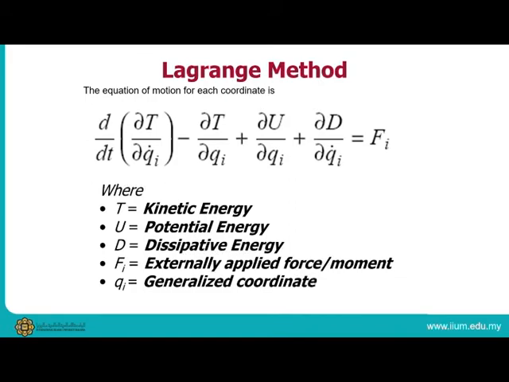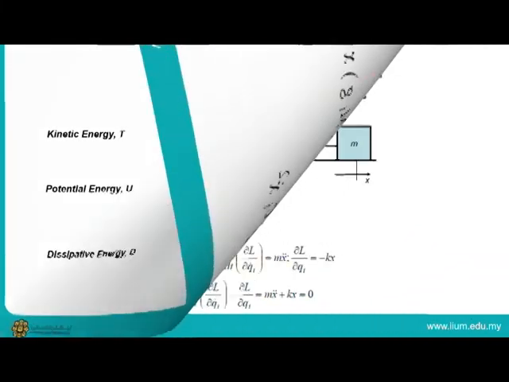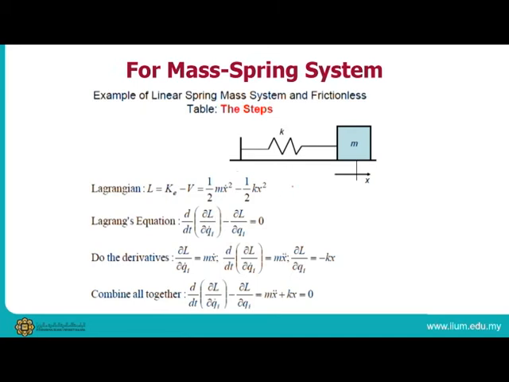Just copy paste this equation, right? So d over dt, partial differentiation of T over dq_i dot, minus partial differentiation of T over dq_i, plus the partial differentiation dU over dq_i, plus d over dq_i dot, equal to F, right?